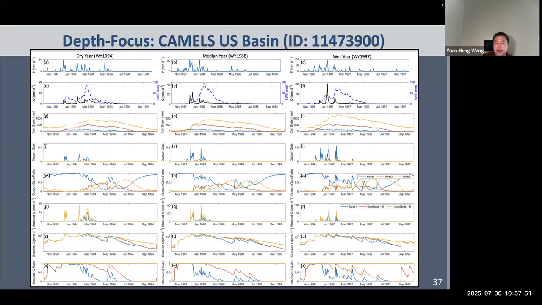And in subplot T to U, this suggests the third node, the yellow line, primarily represents a slow-draining groundwater and maybe baseflow system. I think it's a little bit hand-wavy, but that's why we try our best to interpret those results.